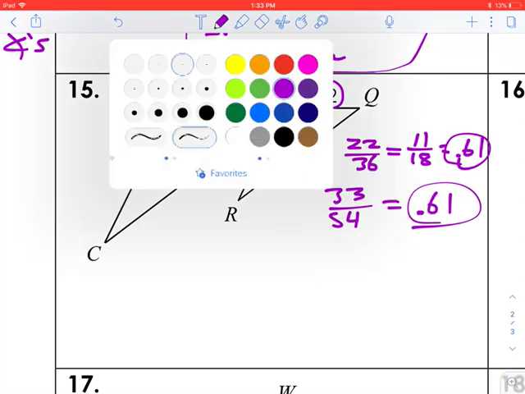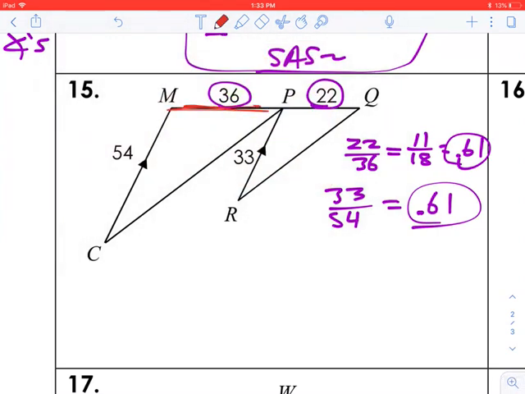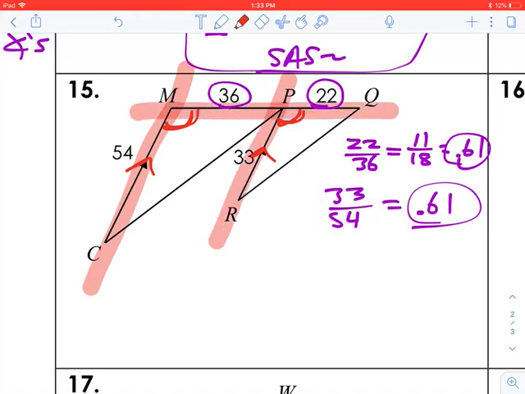Those are proportional. Now, look at these two angles. The angle between them is angle M and angle P. Now, how do I know those are congruent? Because these are parallel. So if they're parallel, you can see these are the parallel lines. Here's your transversal.